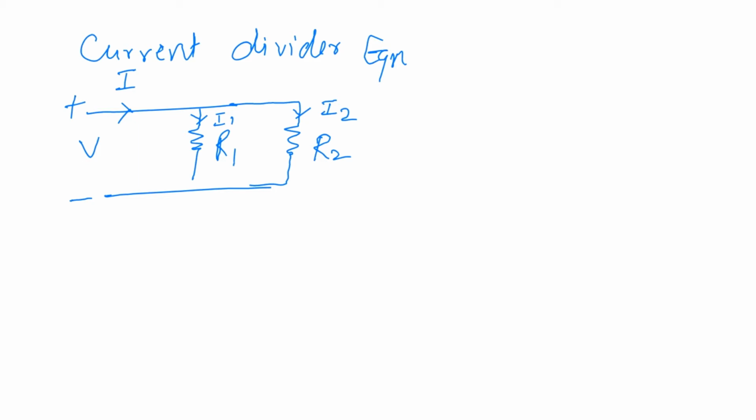There is a direct formula to find the current across the R1 resistor and the current across the R2 resistor.